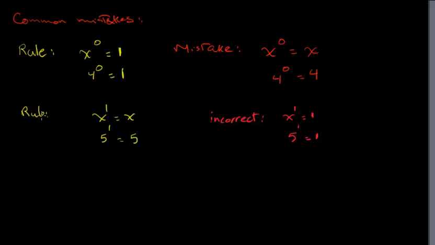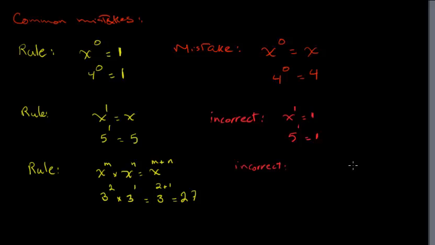That is incorrect. So the product rule says if we have two numbers with the same base, we can add the exponents. Let's say we have x to the m power times x to the n power. We can write it as x to the m plus n, right? Or let's say we have 3 to the second power times 3 to the first power. We can write it as 3 to the 2 plus 1 power, which equals 27.